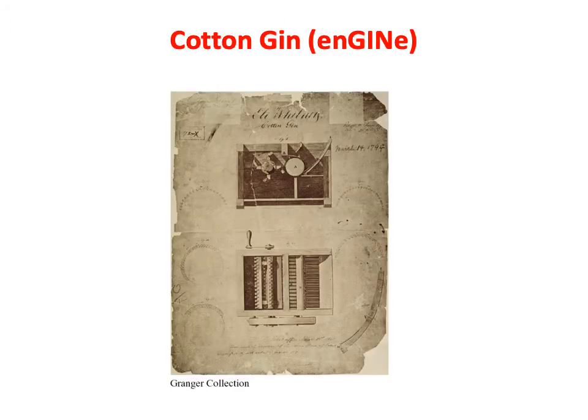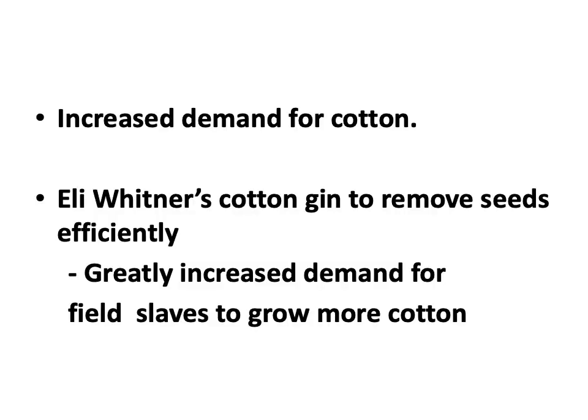The cotton gin, as we've discussed previously, was a very simple mechanism, somewhat analogous to a comb that you use in your hair for removing the seeds from cotton. And the word gin comes from the word engine. The cotton gin greatly increased the demand for cotton because now cotton could be processed very, very quickly.